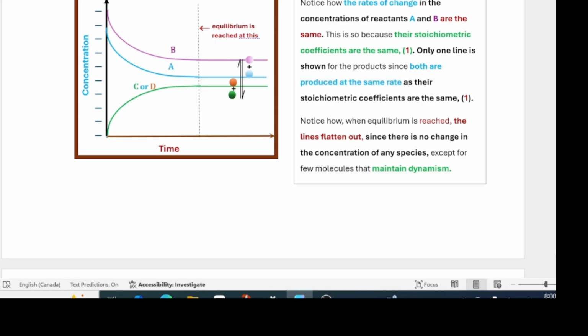We have only drawn one line here to represent the products, because both of them are produced at the same rate. It is said that at this point where the lines flatten out, dynamic equilibrium is established. No change in the concentrations of either the products or reactants happens.